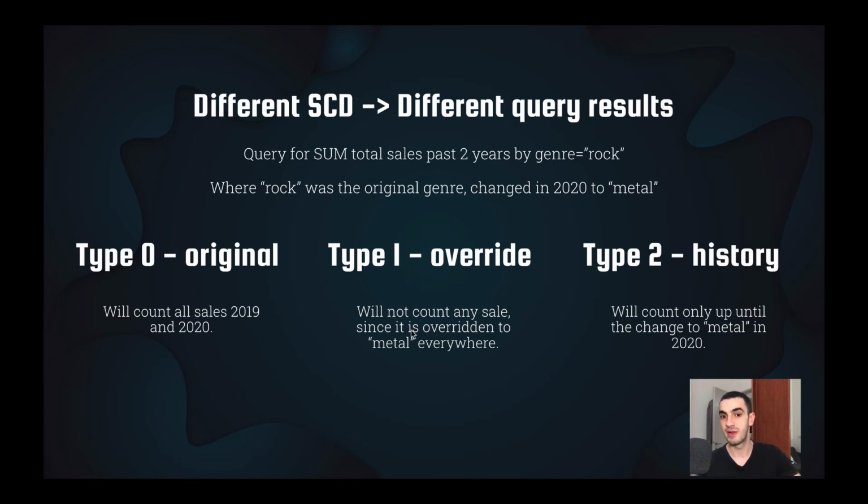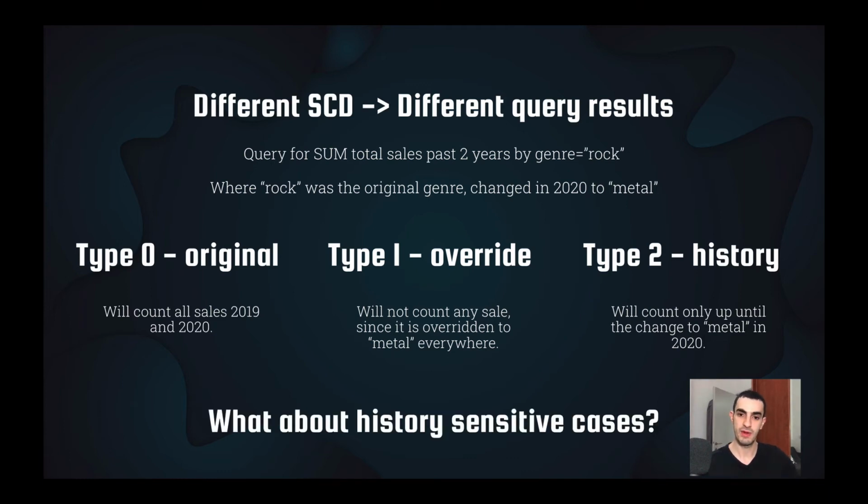So we will count nothing because nothing is rock in our table right now. And in type 2, where we track history, since we look for where genre is rock, we will get just the original data from when the album was tracked as rock until it was tracked as metal.